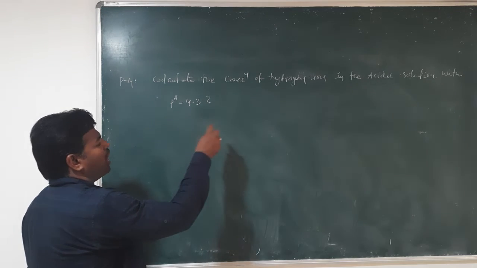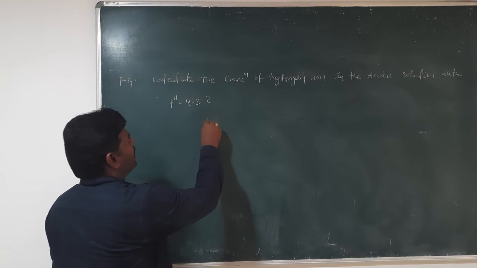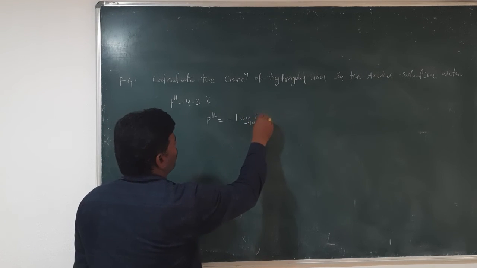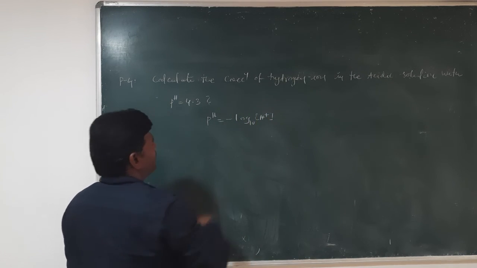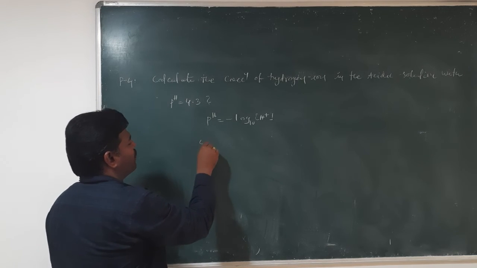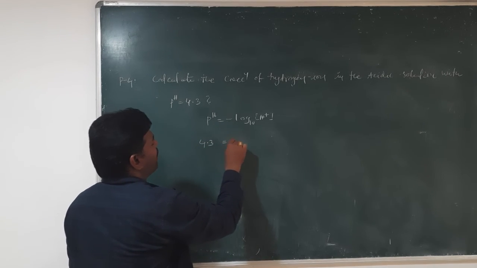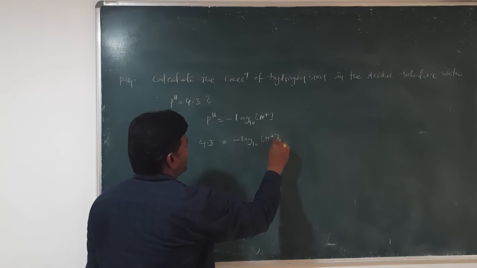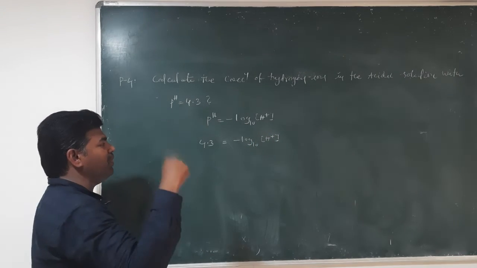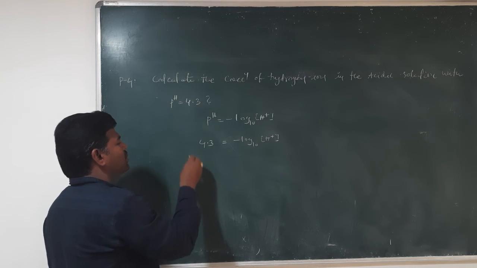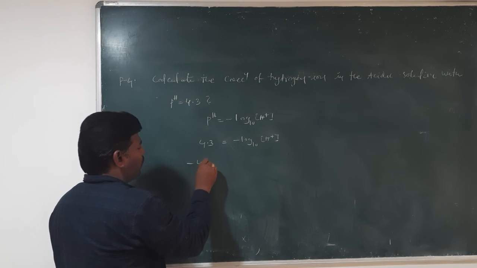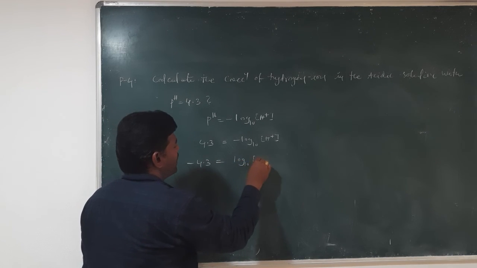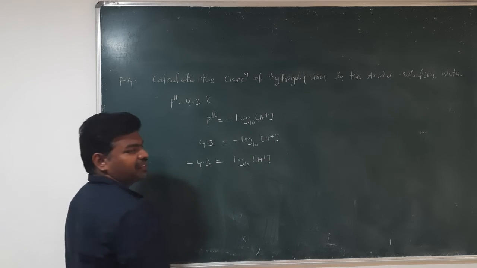For solving this problem, we know that pH is the negative logarithm to the base 10 of the concentration of H plus ions. Here the pH is given as 4.3. If we multiply this equation with the negative sign, that is minus 4.3, then it becomes plus log 10 of the concentration of H plus ions.